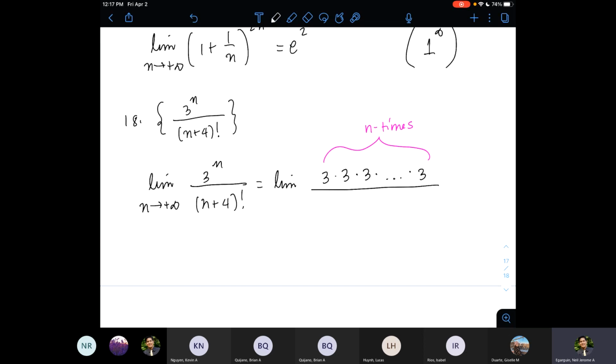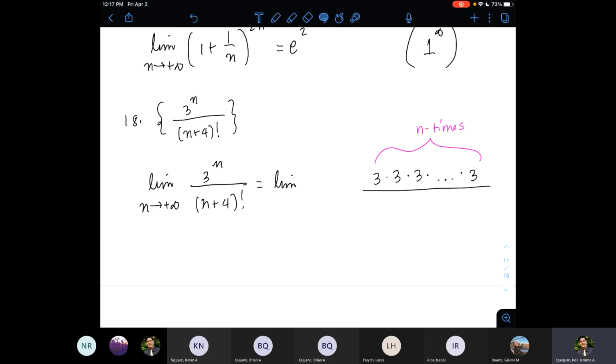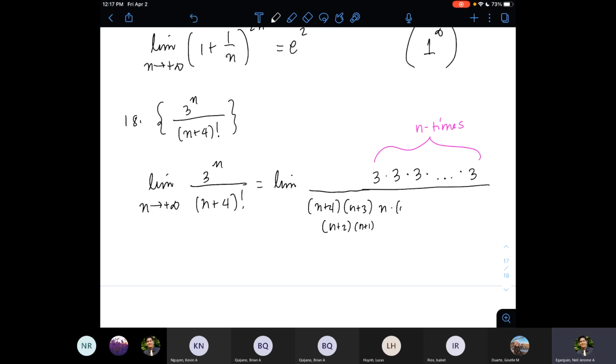So I'll have n plus 4 times n plus 3 times n plus 2 times n plus 1 times n minus 1, and so on. Okay, so basically here, which one is larger and which one grows faster than the other. So I'll compare the terms here.